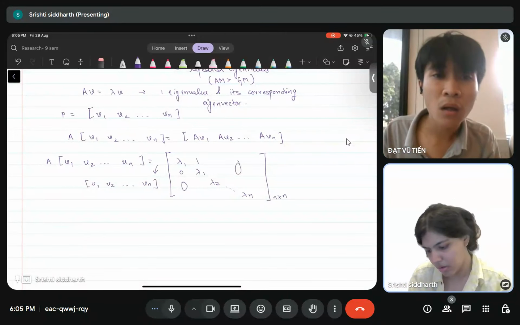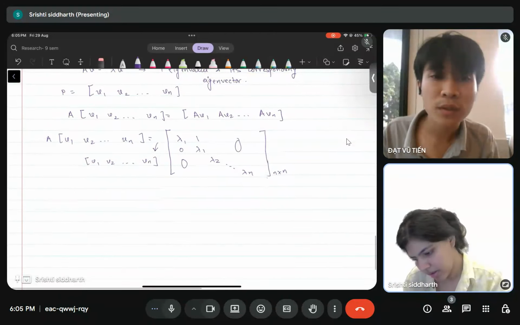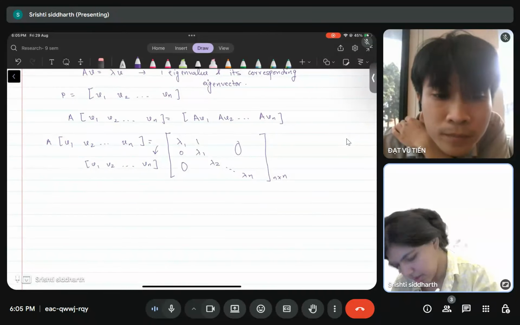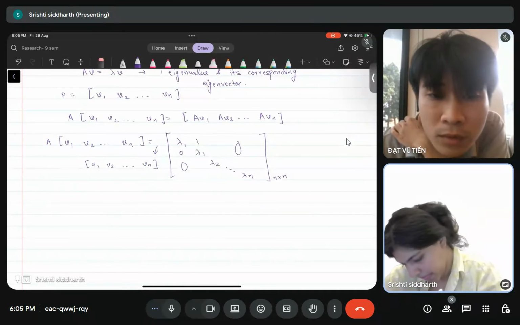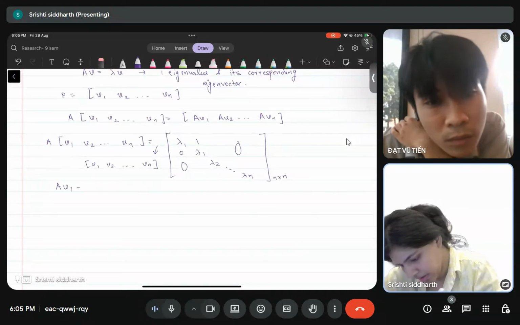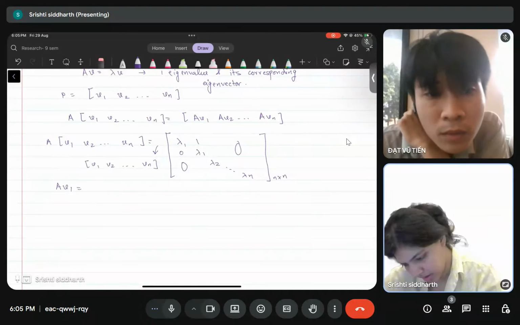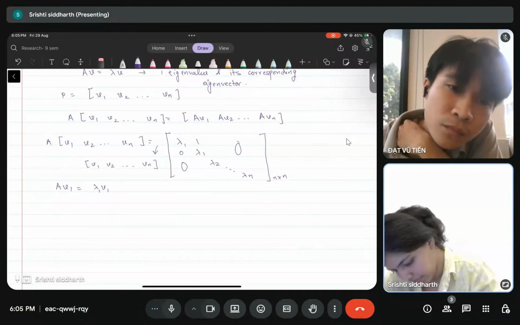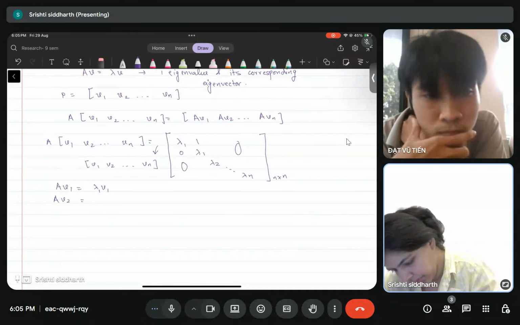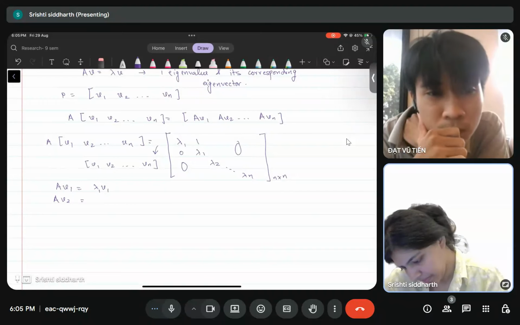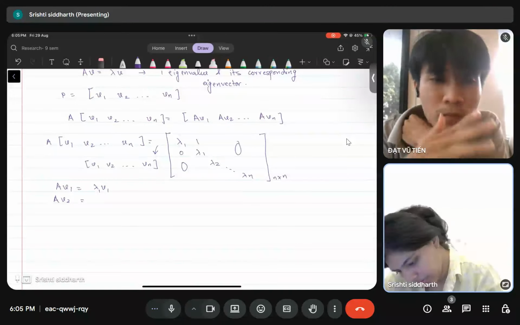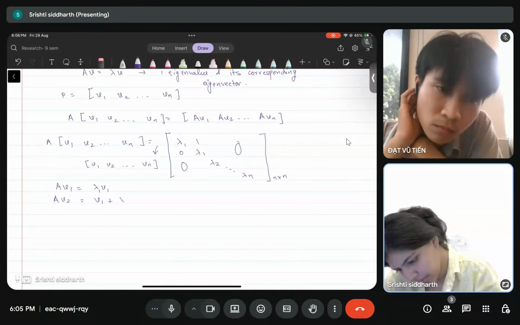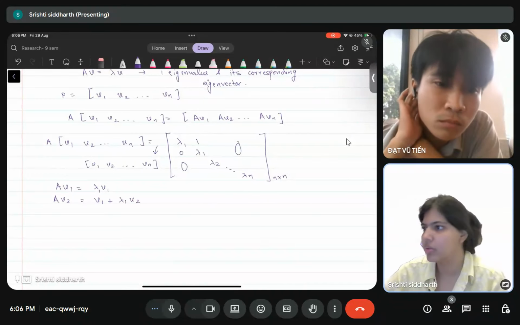So for the first eigenvalue, this is AV1 equals lambda 1 V1, AV2 equals V1 plus lambda 1 V2.